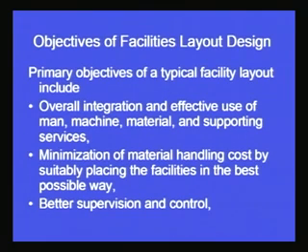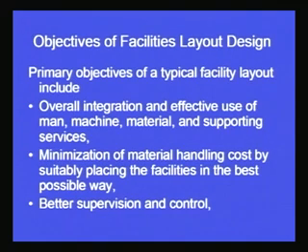Then minimization of material handling cost by suitably placing the facilities in the best possible way. Whenever manufacturing is being carried out, the raw material enters the plant and then after processing on a number of different processes, it goes out as the finished product. So, within the plant we want to minimize the material handling because material handling adds to the cost of the product.